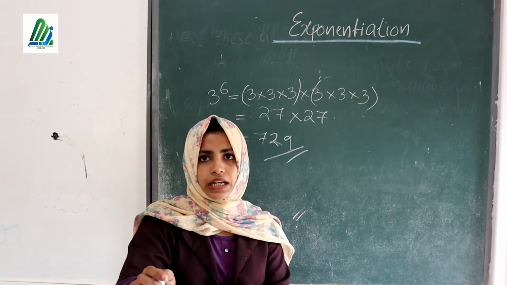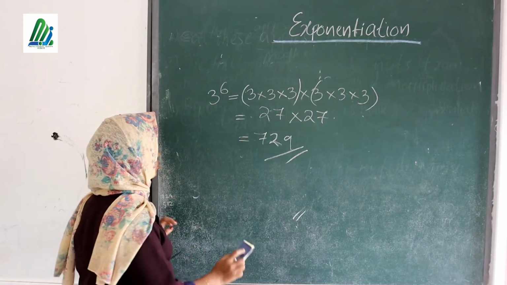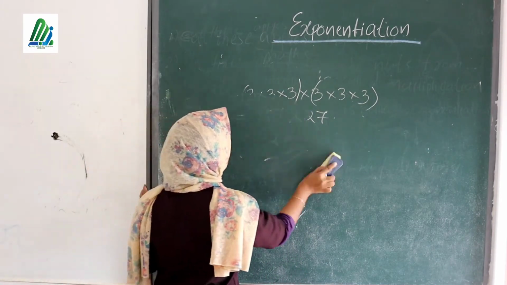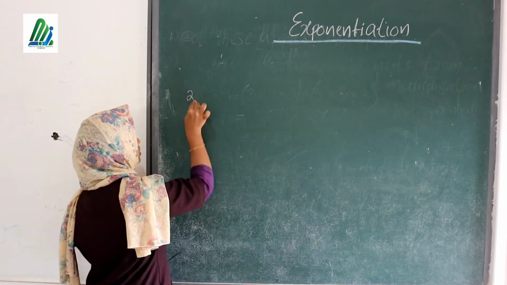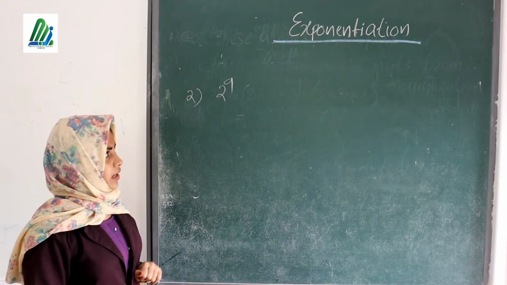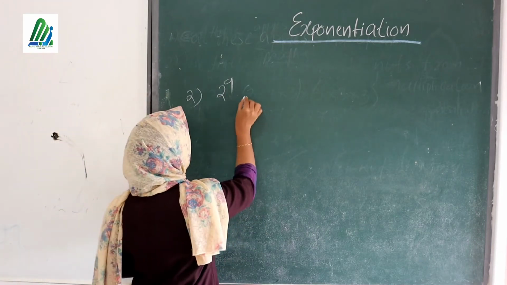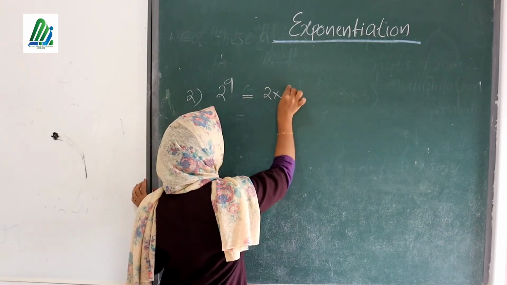The next question is, how can we compute 2 raised to 9? 2 raised to 9 is multiply 2 by 9 times.